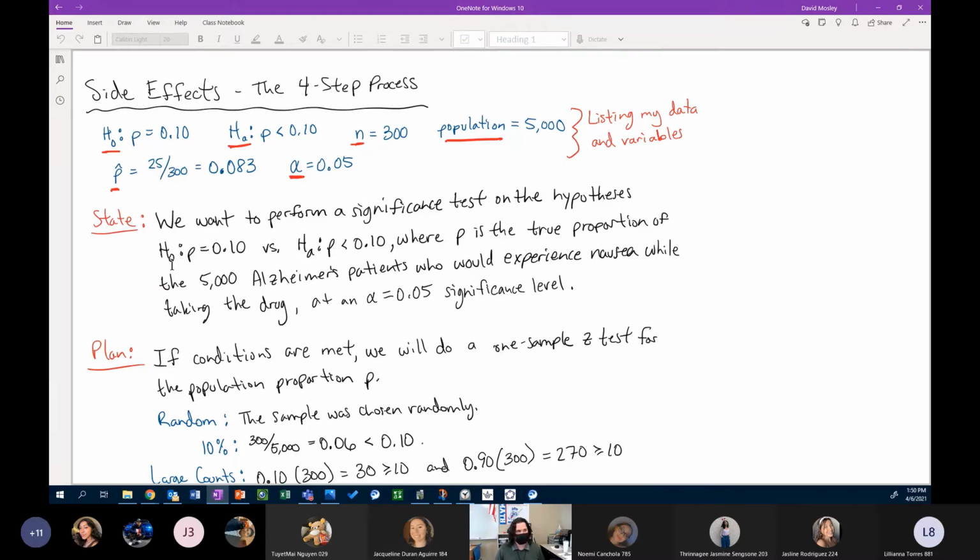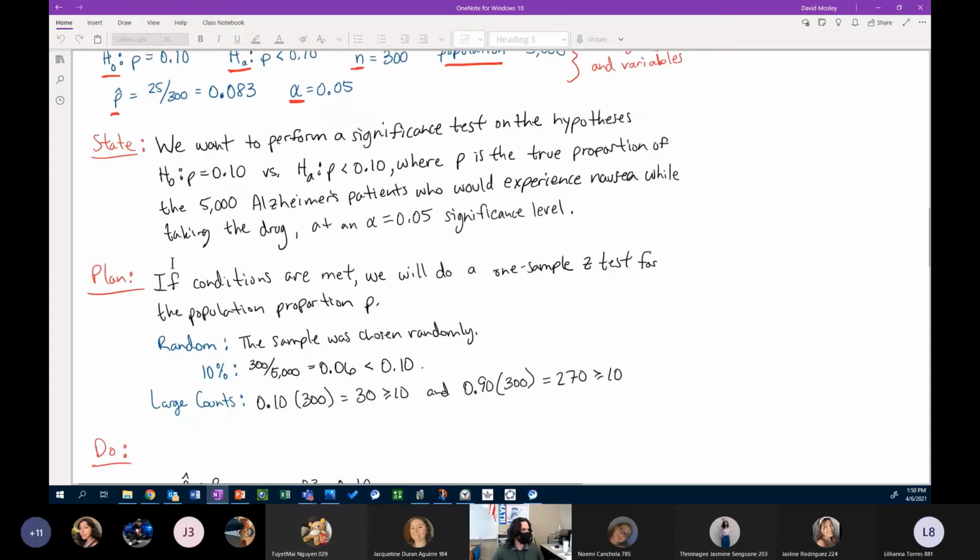That is our population. It's not all Alzheimer's patients, it's just the 5,000 in this study, or that could be considered for the study. So in our statement, we say what our hypotheses are, what the parameter p represents, and the significance level.